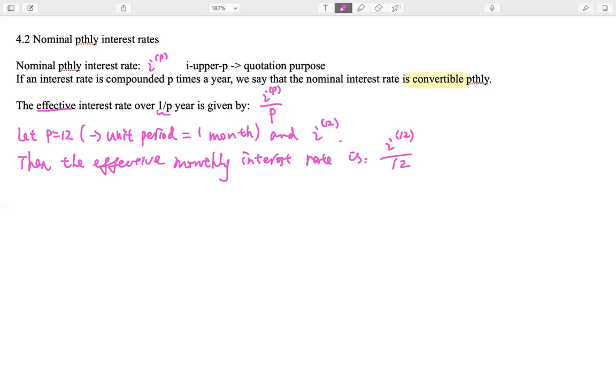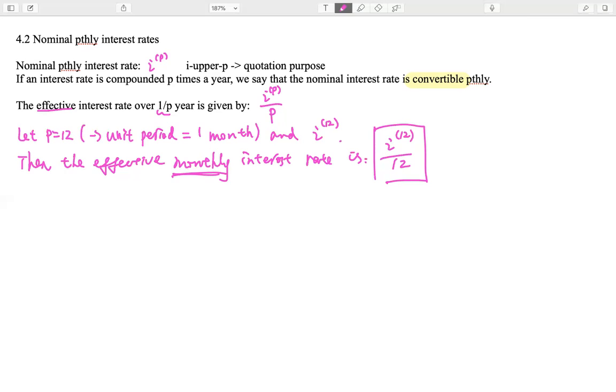So this is the only place we pretty much need the nominal interest rate: to convert the nominal interest rate into the corresponding interest rate per unit time. Here our unit is months.